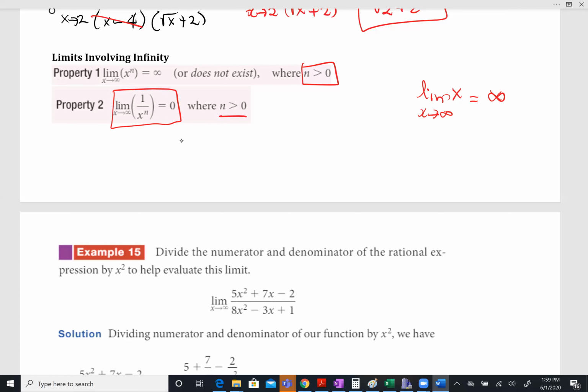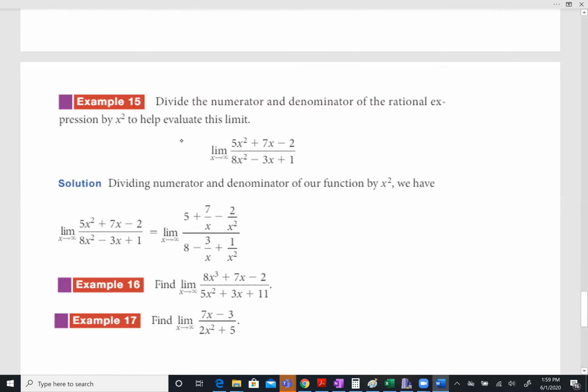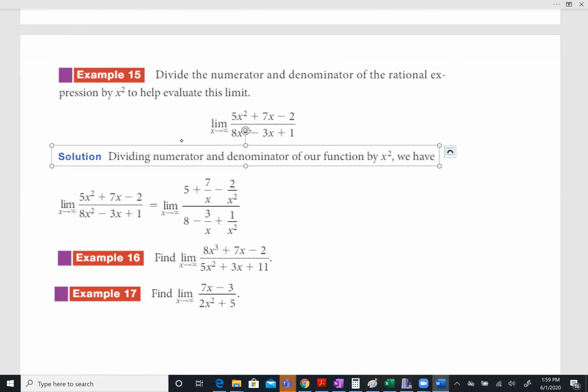So now let's do some examples. Example 15: find the limit of 5x squared plus 7x minus 2 over 8x squared minus 3x plus 1 when x approaches infinity.